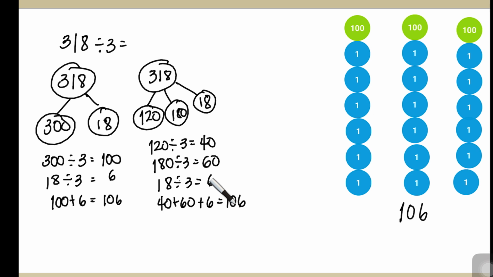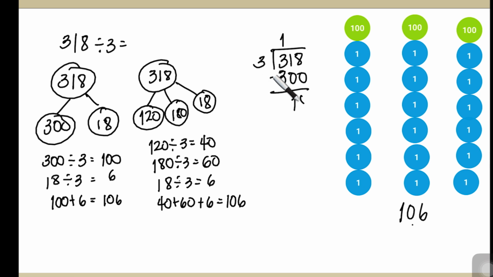Right? And then finally, let's show it using long division. So we start with 300. 300 divided by 3, there's 100. 100 threes in 300. So 100 times 3 is 300. Okay, so we are left with 18 ones.